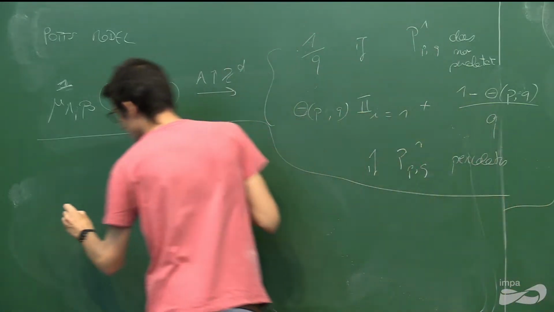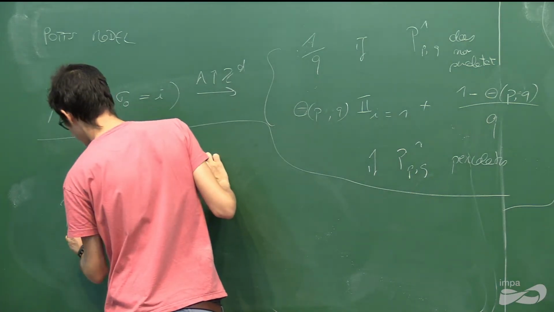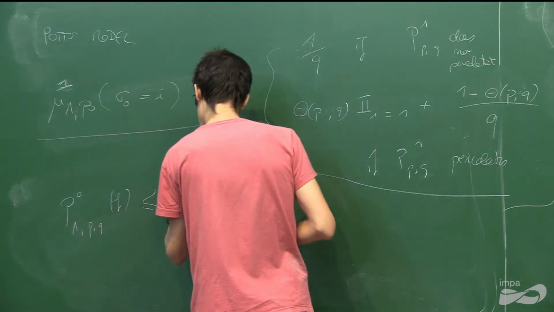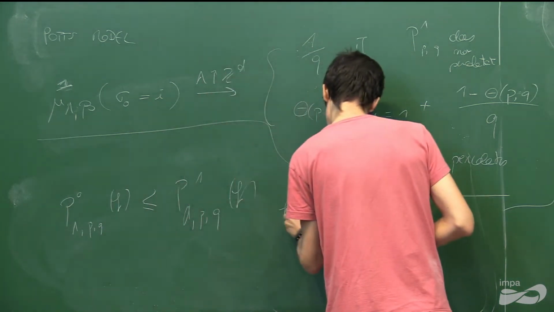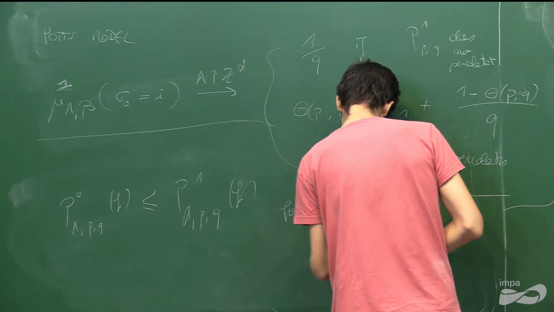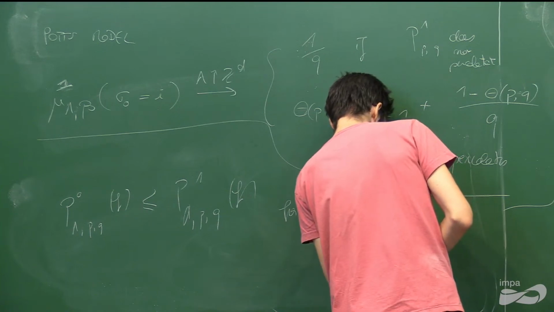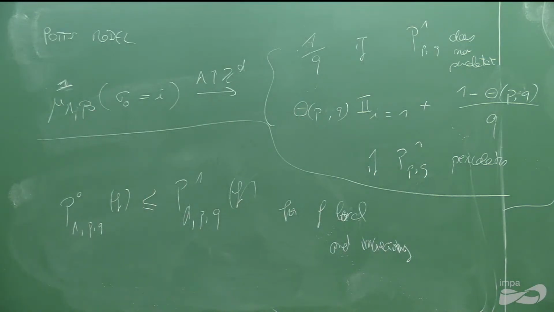And the fact is that what you obtain is that, well, you know that P0 lambda pq of f is smaller than P1 lambda pq of f for f local and increasing. And basically, what we have said for P1 is also valid for P0, except that the monotonicity is in the other direction.